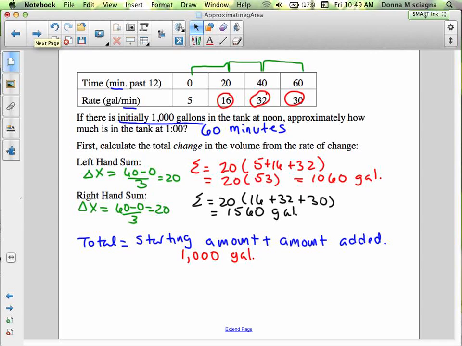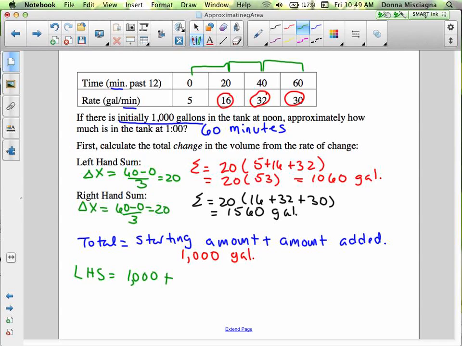All right, so now let's end this question by finding the total amount. If it's the left-hand sum that we're using, the total is the starting amount, which is 1,000 gallons, plus the amount added, which with the left-hand sum is 1,060 gallons.